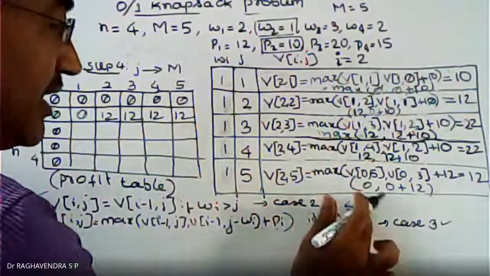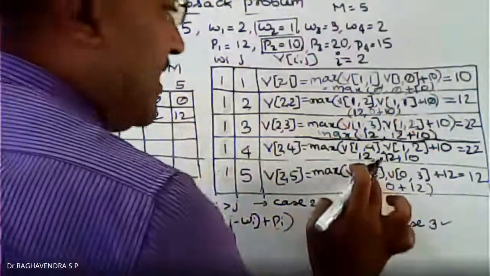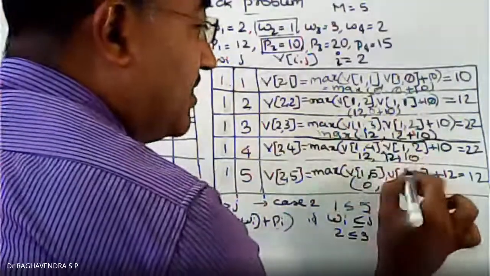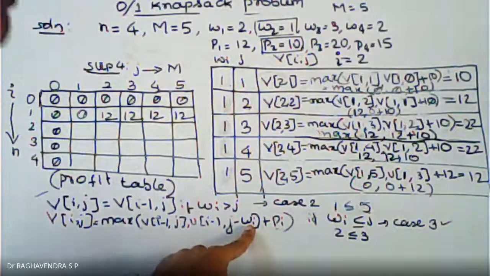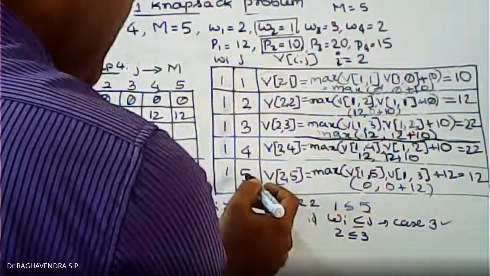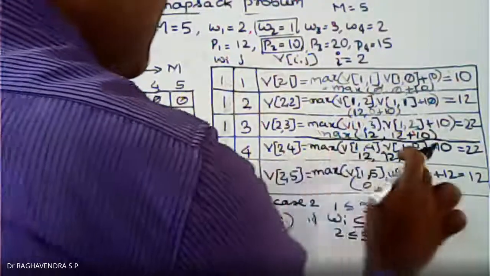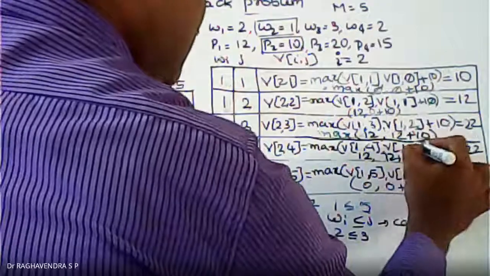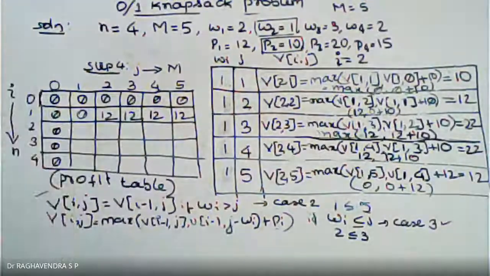Similarly, the final one, that is 2 comma 5. 1 is less than or equal to 5, so case 3 will be taken. Once again, this is 1 comma 5, and this is 1 comma J minus Wi. J is 5, 5 minus 1 is 4, so this is 1 comma 4.